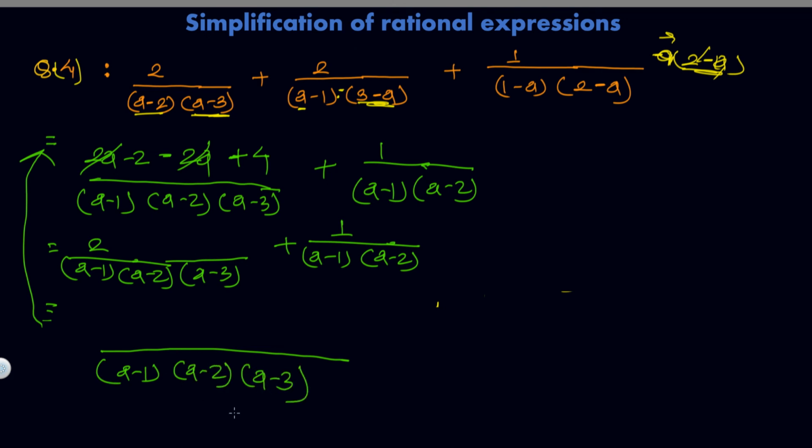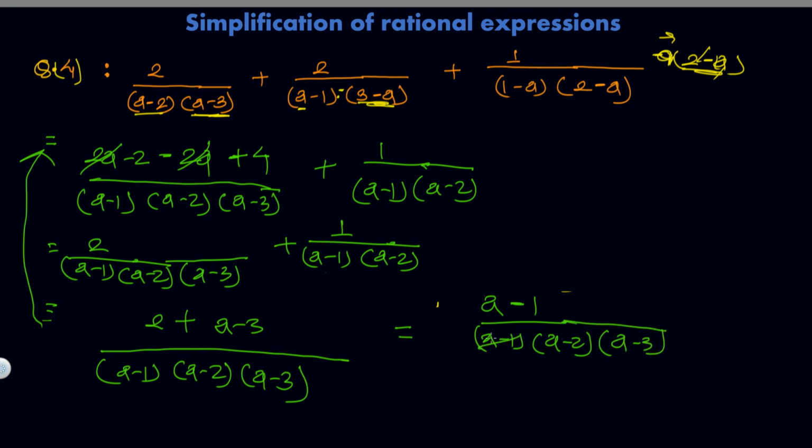That will be my LCM. If I divide by the denominator of the first term, I would have 1, so I would get 2 over here, plus if I divide the LCM by this number, I would have a minus 3. So this will give me a minus 1, because negative 3 plus 2 is negative 1, a minus 1 over a minus 1, a minus 2, and a minus 3.